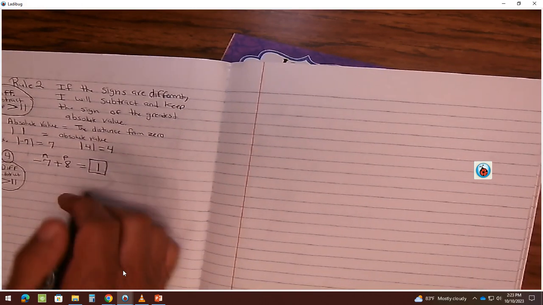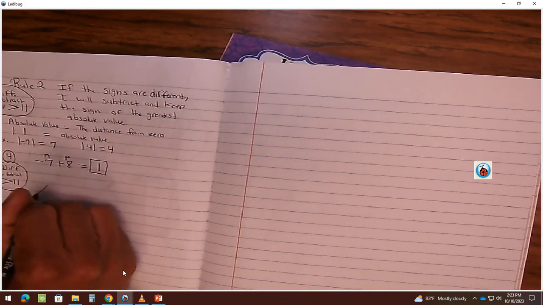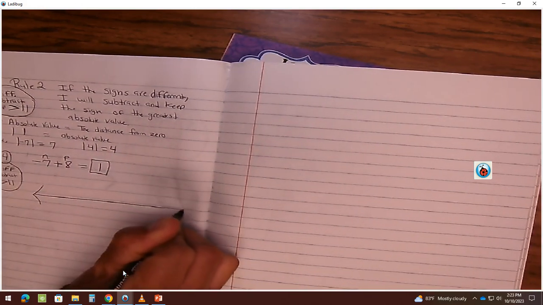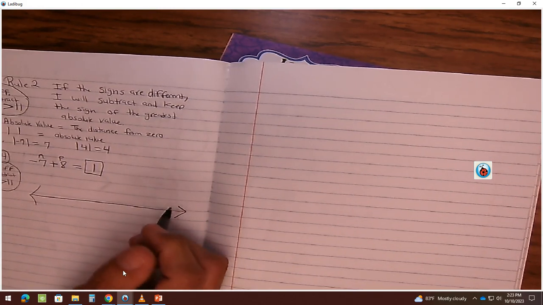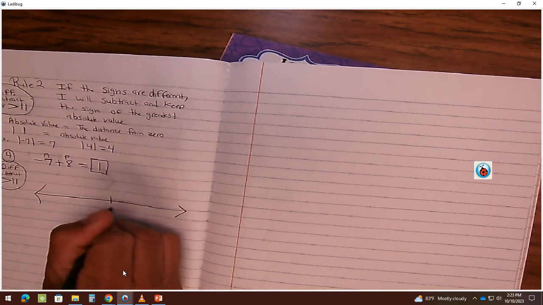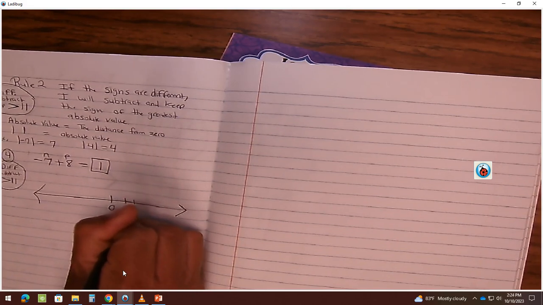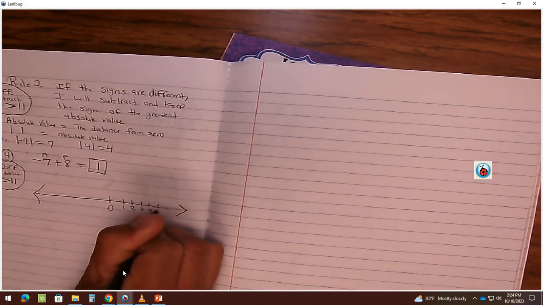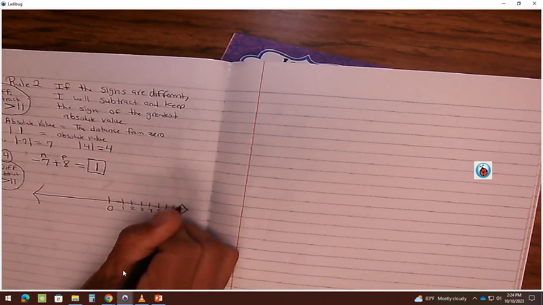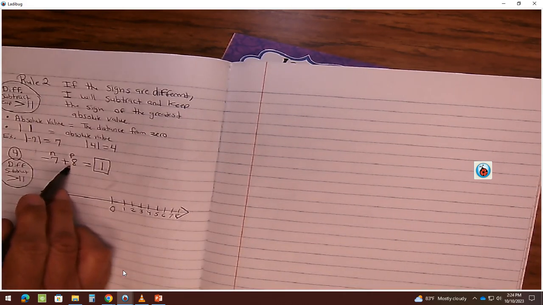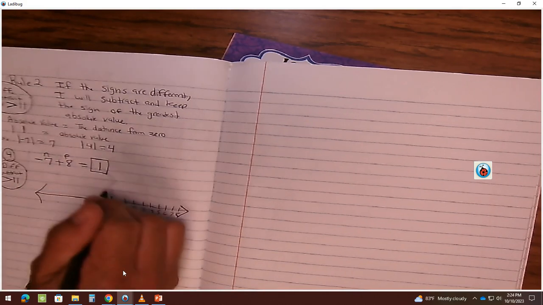To show you on the number line why this rule always works. Okay, this time I'm going to put 0 in the middle, because we actually have some positives. 1, 2, 3, 4, 5, 6, 7, 8. I put 8 because that was the highest that we ever went, in case we go over there.